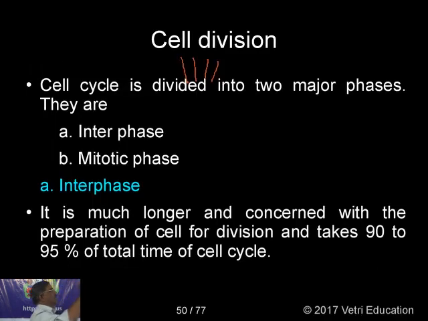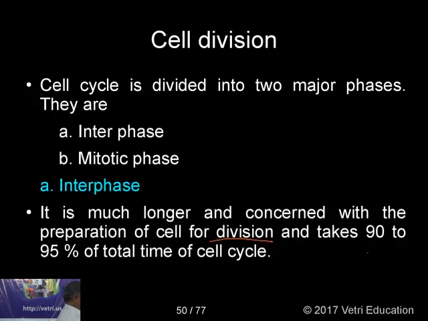The cell cycle is divided into two major phases: interphase and mitotic phase. Interphase is nothing but a preparatory stage for the next cell division. It is much longer and concerned with the preparation of the cell for division.